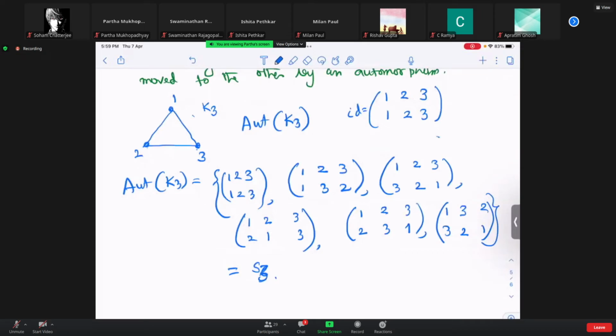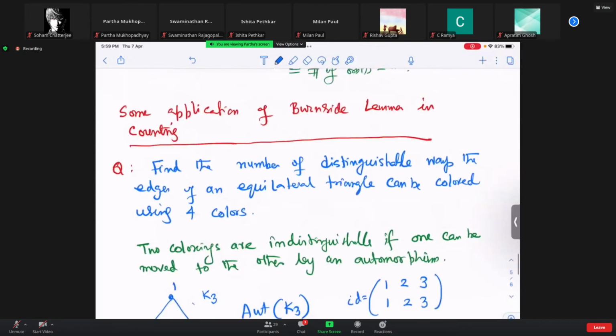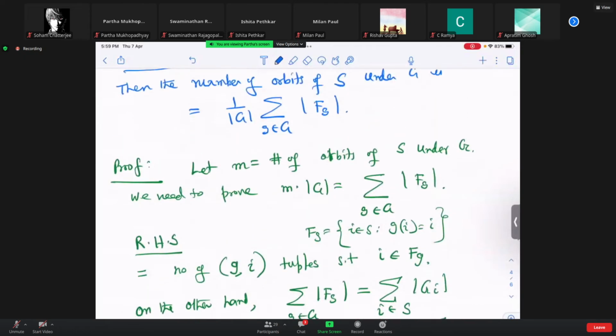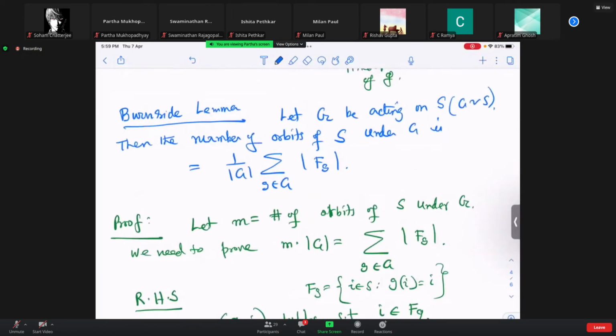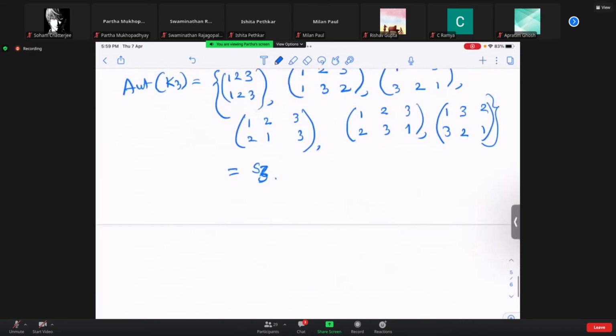Okay, so now look at the Burnside lemma statement. To compute the number of orbits, the group we got is the group that is acting on a set. So what is the set? The set S is the set of all possible colorings.